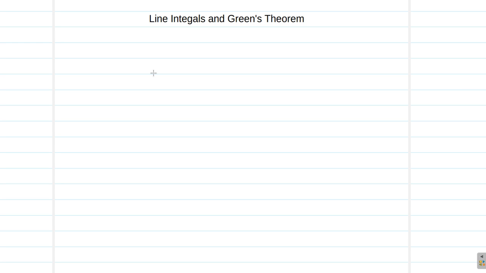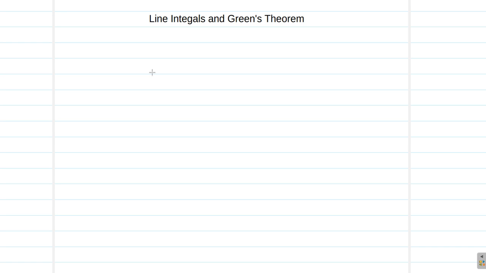Now, of course, line integration is usually longer and a lot more work than Green's theorem, alright? But we'll look at both.